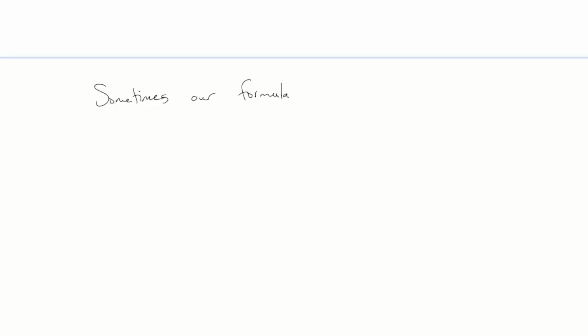Sometimes our formula has something like x's in it. Like, I'm thinking of something like ax, such that x is in sigma star. This would mean all strings starting with a, right? But it's not something that you can write using exponents, because we don't actually know what else.